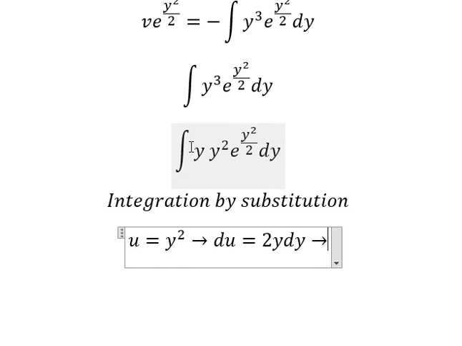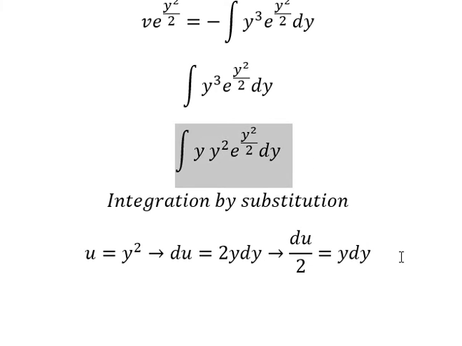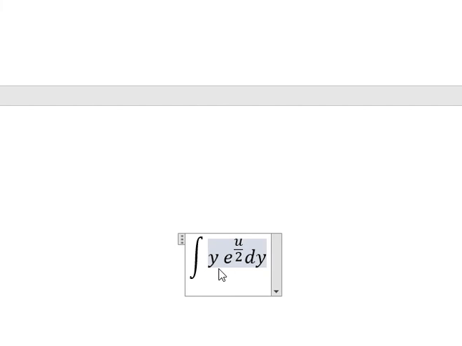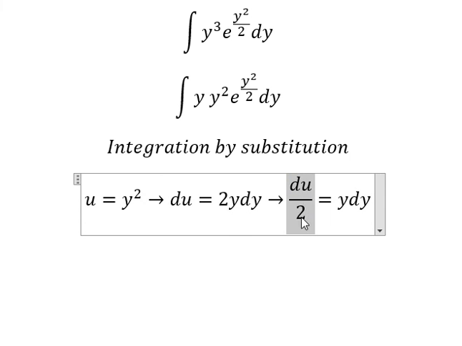Because we don't have number 2 in here, we need to divide both sides by number 2. This one we change by u. Similar for this one, y dy we change by du over number 2.